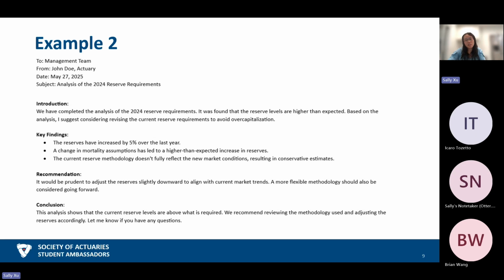So to summarize the section, when you have a recommendation, it should be specific, actionable, and supported by decision. So what's a good example? You could say, we recommend reducing the reserve by 3%, which is equal to $10 million. And it is certainly material to our block of business.